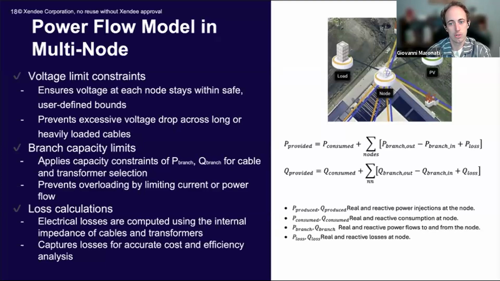And we compute losses through branch resistances and impedances. So the optimization basically evaluates different sets of cables and transformers from a technical and economical standpoint and picks the cables and transformers with the correct length that satisfy all the constraints and provide the minimum cost to operate the microgrid.